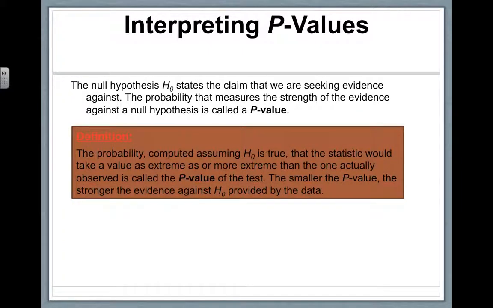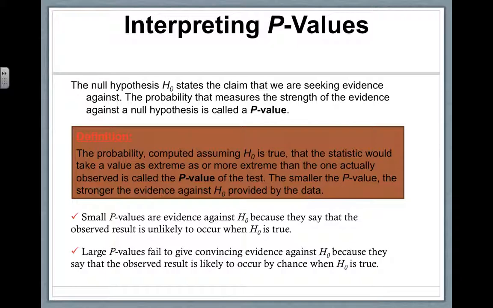So the probability computed, assuming the null hypothesis is true, that the statistic would take a value as extreme or more extreme than the one actually observed, is called the p-value of the test. The smaller the p-value, the stronger the evidence against the null hypothesis provided by the data.